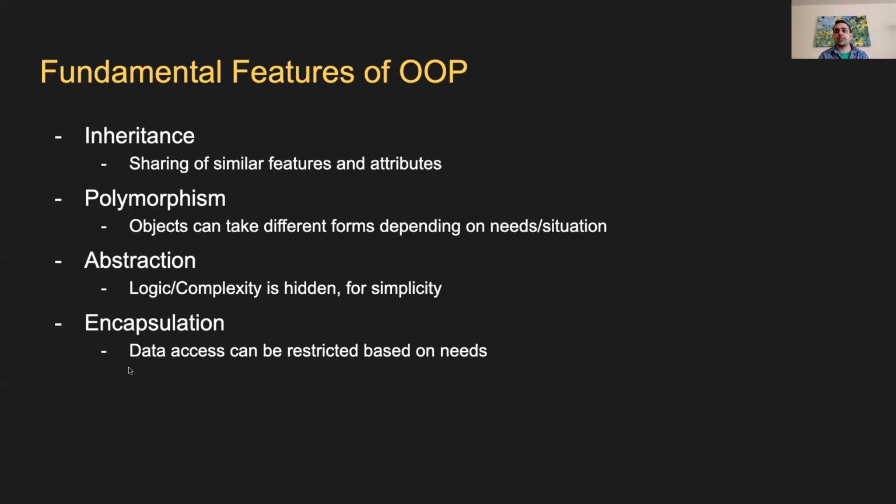Encapsulation, the idea here is that data access is restricted based on needs. Again, kind of a mouthful to say, but you only expose what you want to expose from your classes. So let's say I was creating a person class, and I wanted to store the social security number in my class, but I don't want to expose that social security number to whoever's using my class.